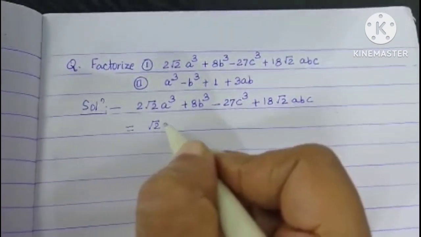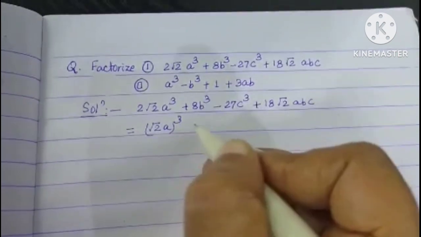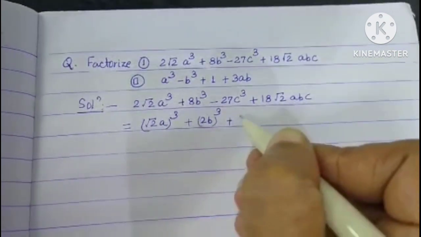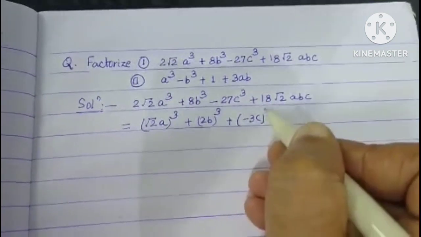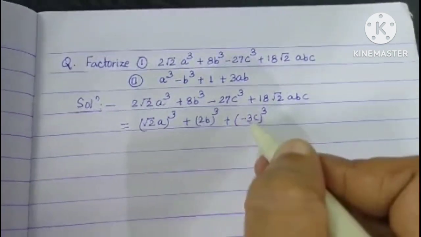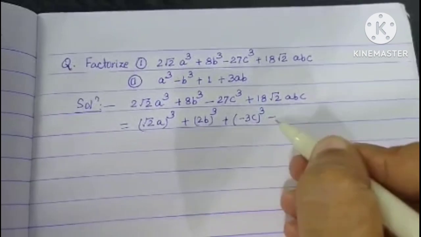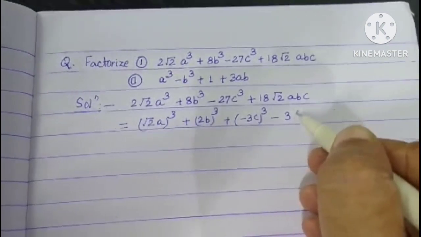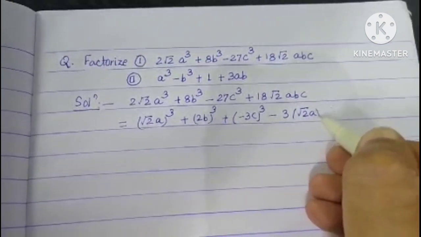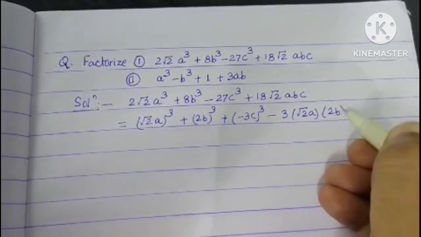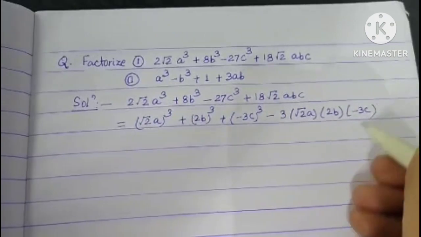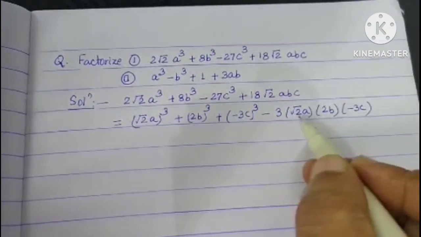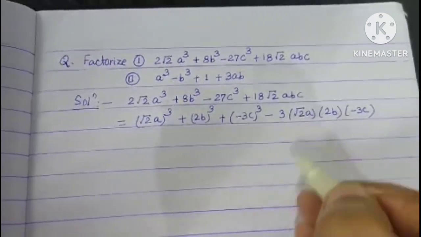It will be root 2a whole cube plus 2b whole cube plus minus 3c whole cube, so that it will be minus 27. Okay, and we will write it like this, minus 3xyz. So x is root 2a, y is 2b, and z is minus 3c. So 3 into 3 is 9, 2 is 18, root 2 abc, and minus minus plus.